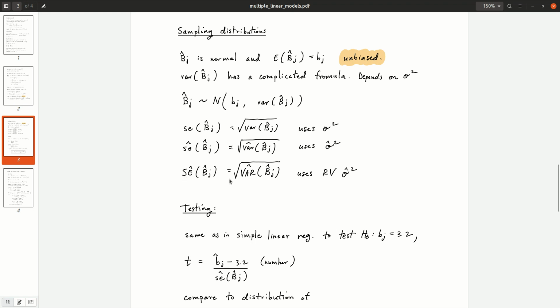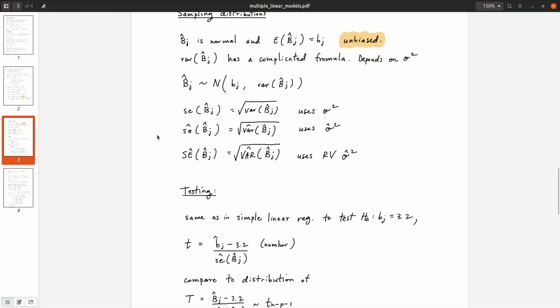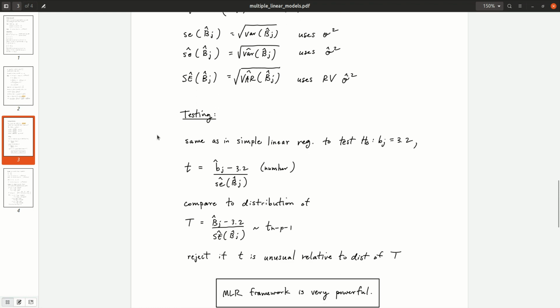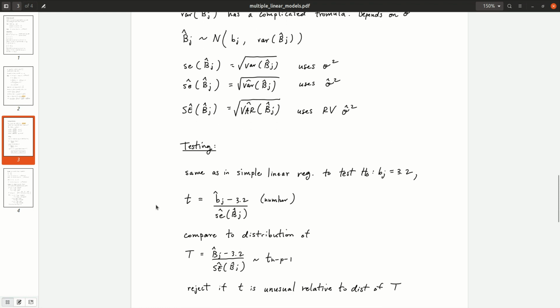And this is the random variable version of that, which means I'm plugging in the random variable version of sigma hat squared. This is just to remind us of the notation so we can keep it straight. All right, now let's go to testing.